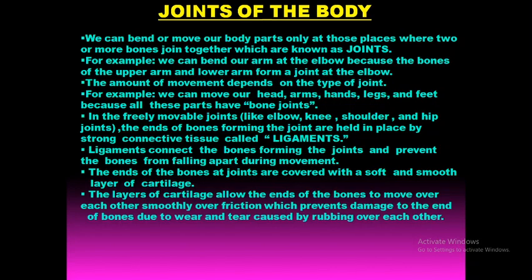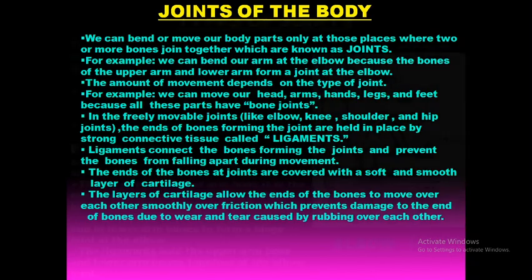This layer of cartilage allows the ends of the bones to move over each other, so the bones cannot be damaged due to wear and tear or rubbing against each other. So the pattern of movement is entirely controlled by the joint.